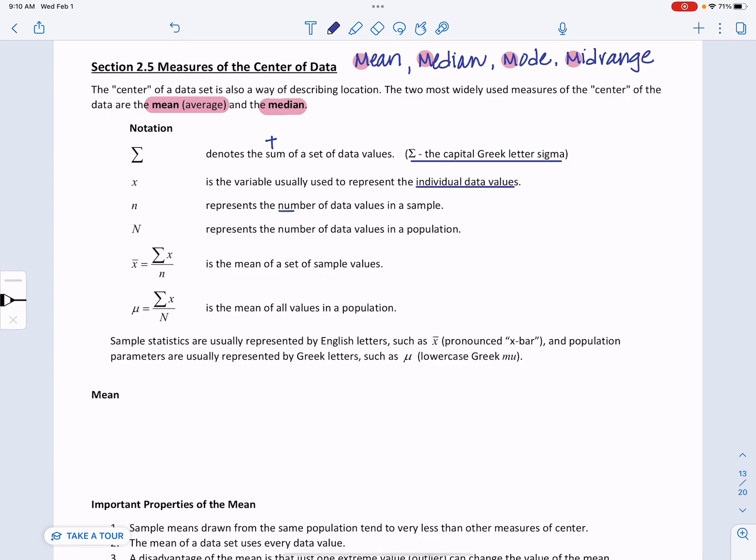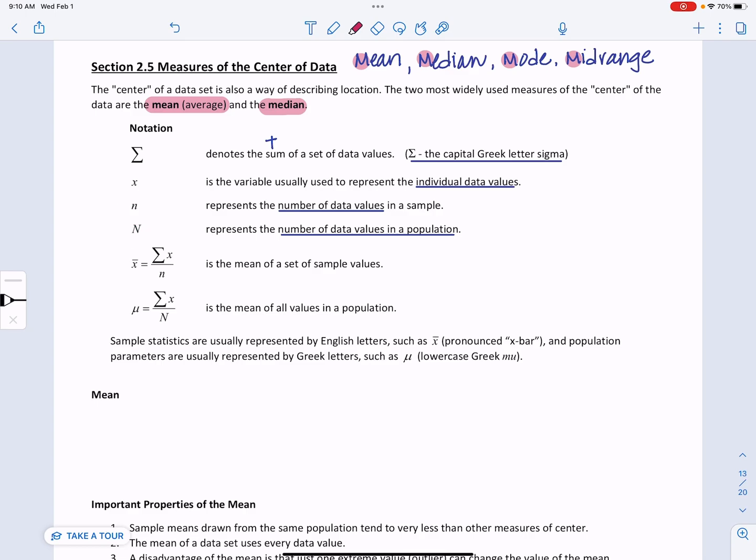Lowercase n is still the number of data values in our sample. Capital N is the number of data values in the population. So make sure that you keep these straight.